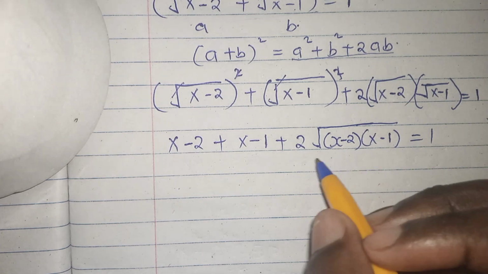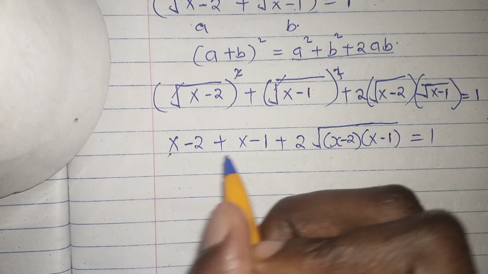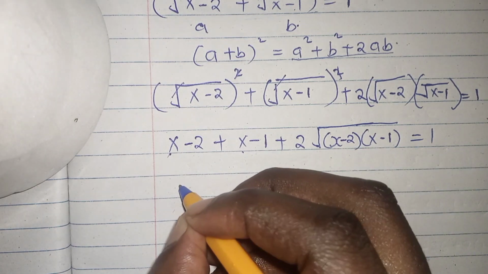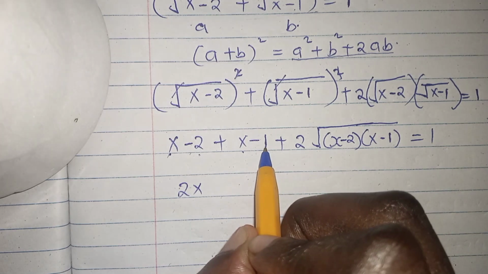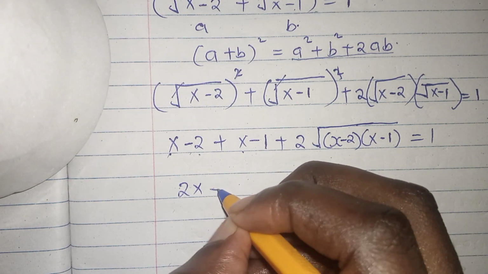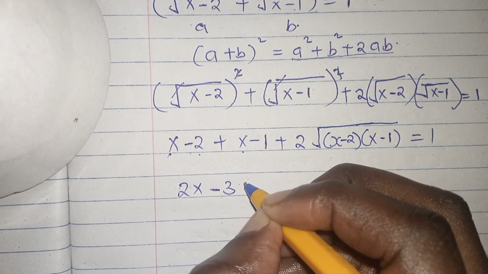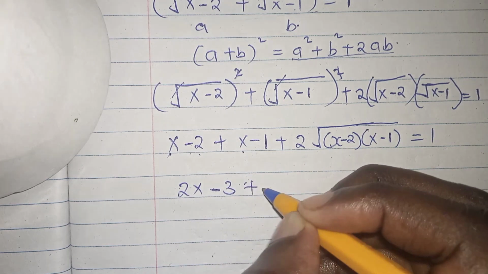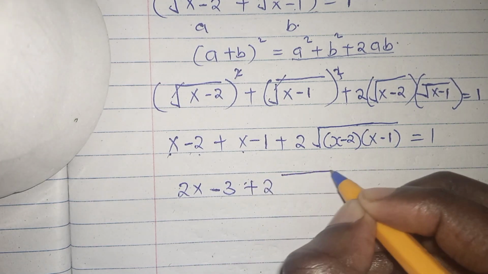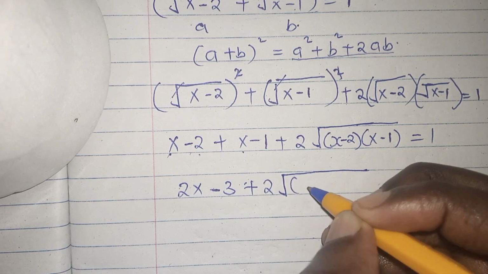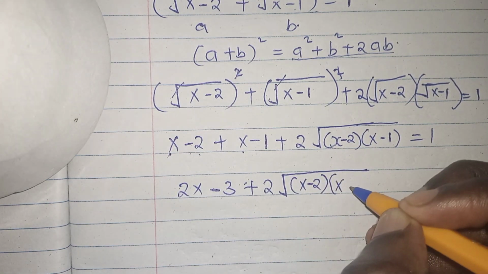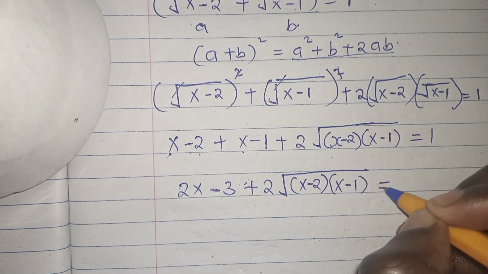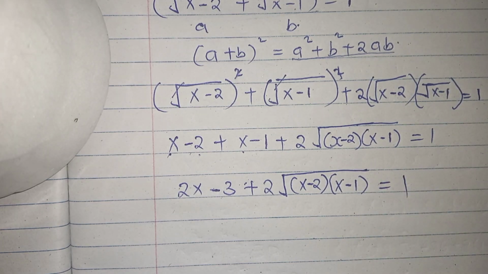So our next step, x plus x gives us 2x, negative 2 plus negative 1 gives us negative 3, plus 2 times the square root of (x minus 2)(x minus 1) is equal to 1.